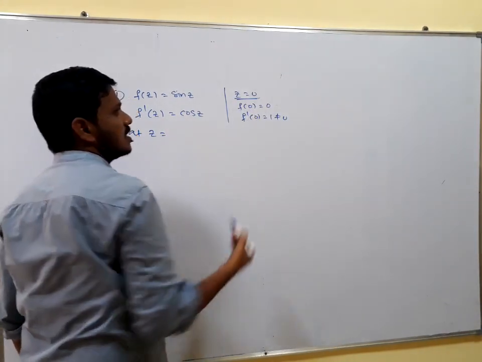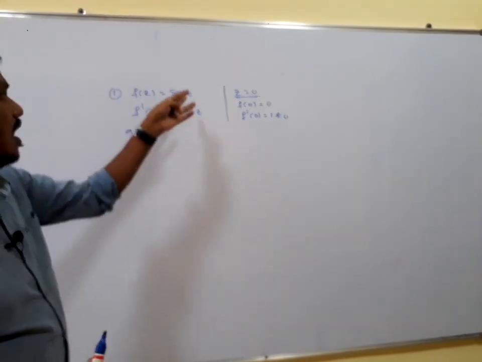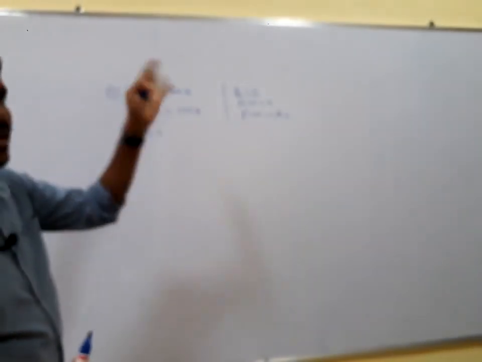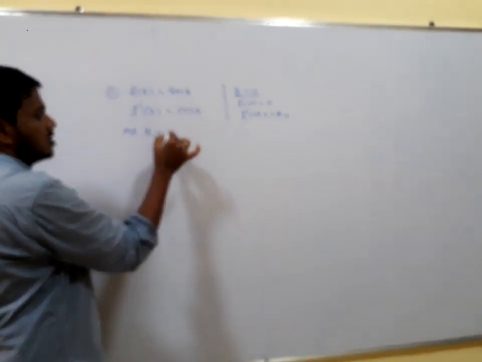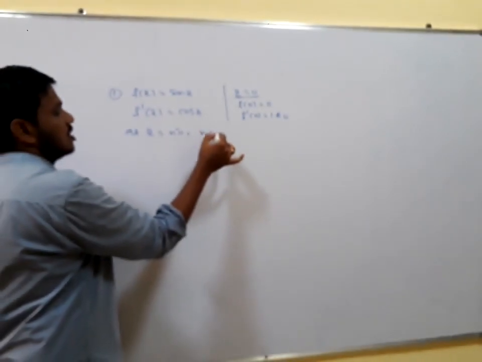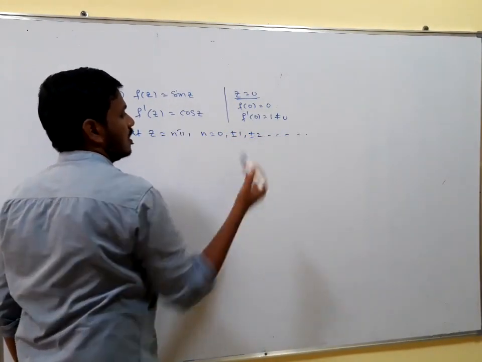We say that the point z equals 0 is a simple zero, and sin z is analytic everywhere. In general, z equals n pi, where n equals 0, plus or minus 1, plus or minus 2, and so on.